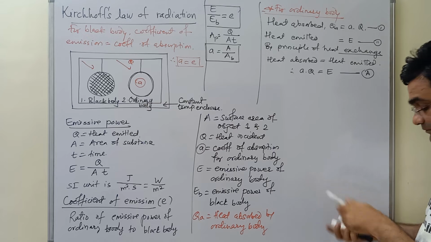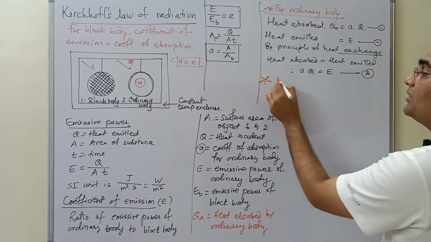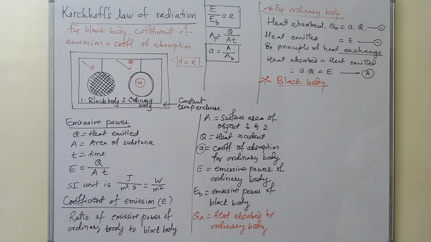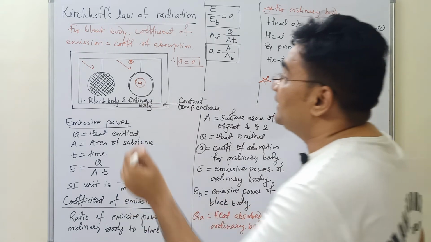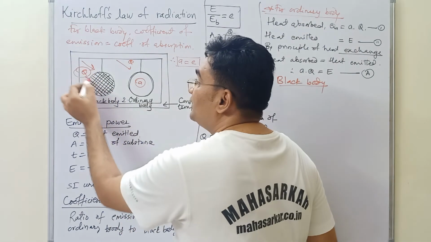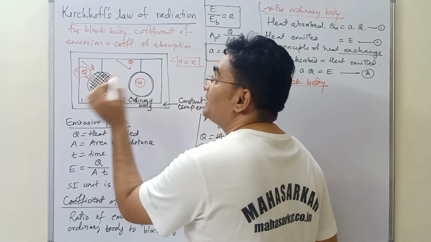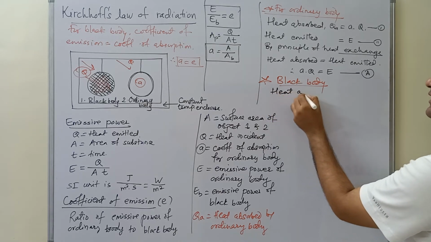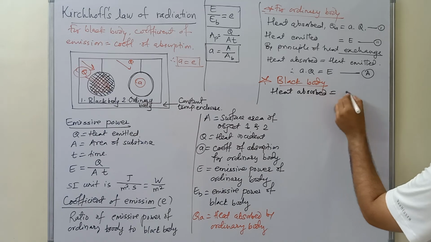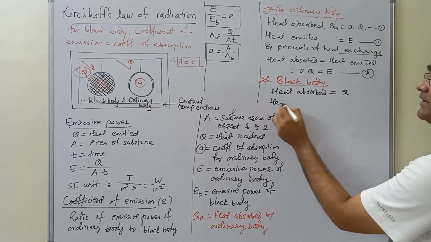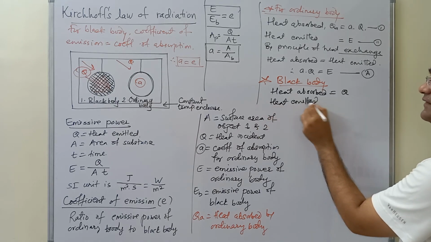Now, for the black body. If Q is the heat incident on the black body, its function is to absorb the maximum heat. So if Q is the incident heat, it will absorb the maximum heat. So I will say heat absorbed is equal to Q, because heat incident is Q, heat absorbed is also Q. Heat emitted, what is the capacity of the black body?